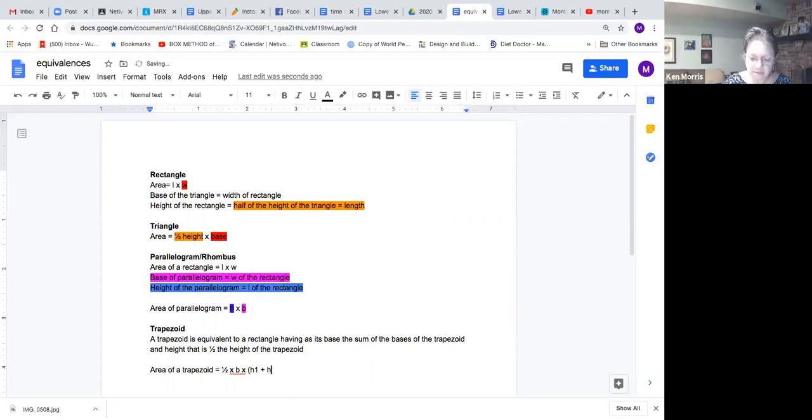No, I have this backwards. It's the bases that are different. So it's the height times base 1 plus base 2, divided by 2. Okay?